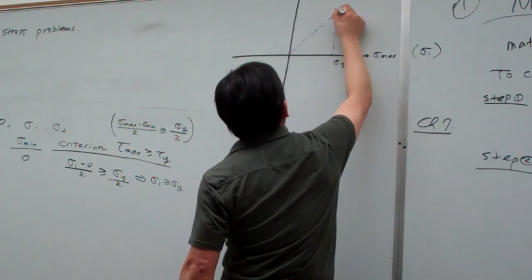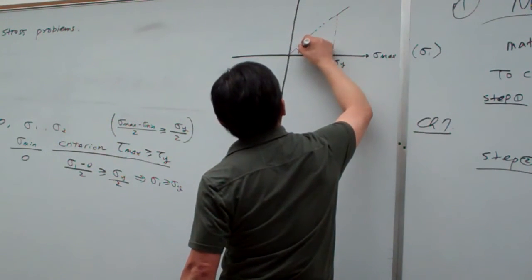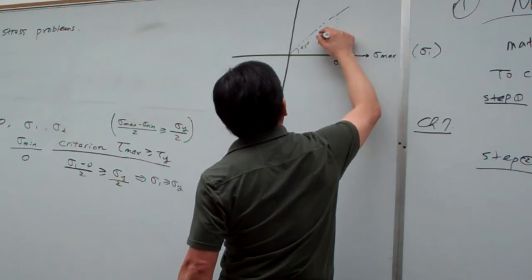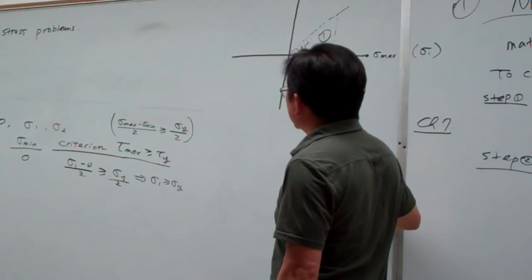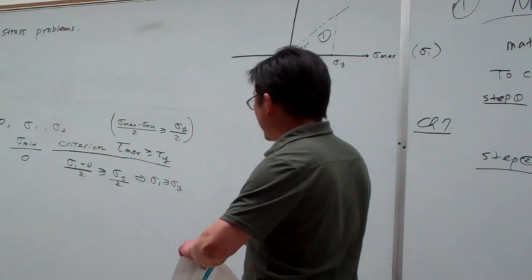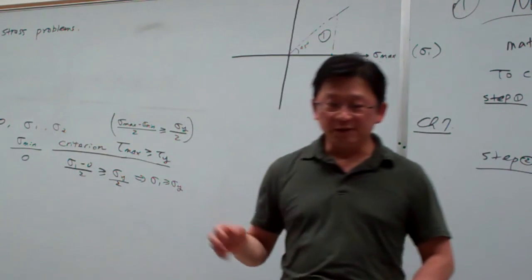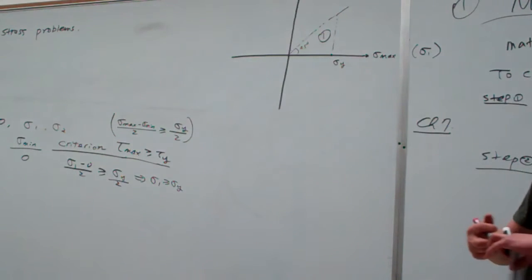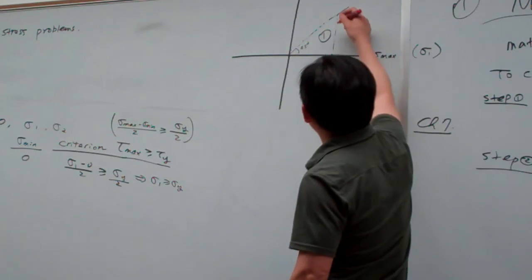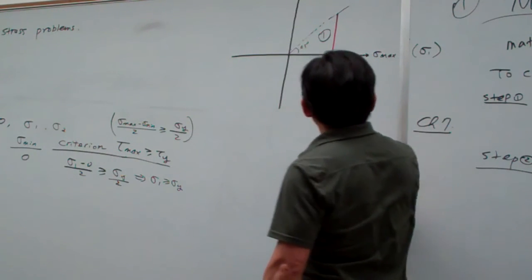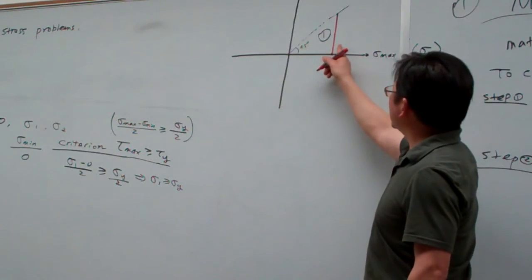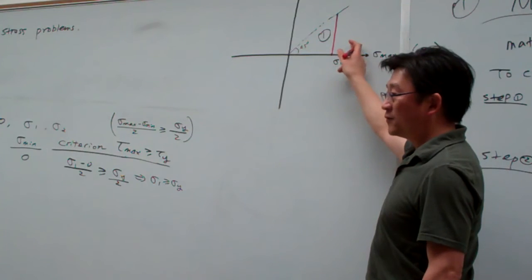If I draw the 45 degree line, this is the area for condition 1. Then I want to draw the boundary beyond which the failure would occur. That is this one. As long as the maximum is beyond this red line, then failure would occur.